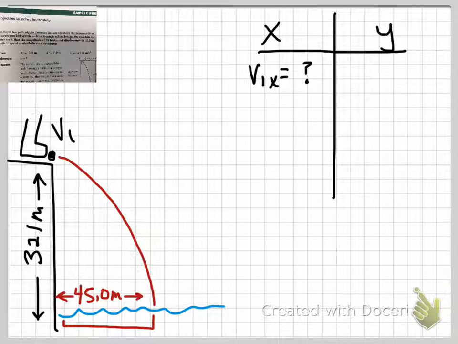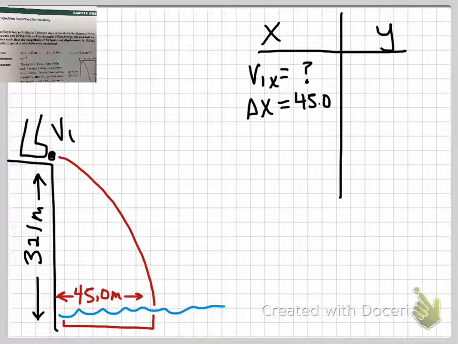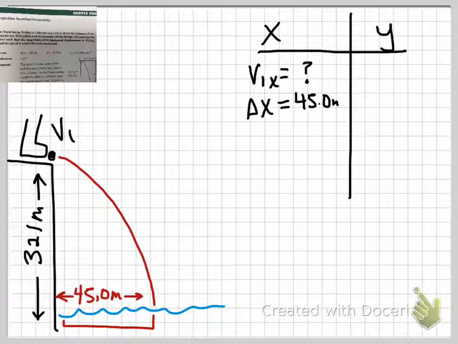I hear mutters of delta x. Yeah. We got delta x, and that is 45 meters in the positive direction. Move that over a little bit. Okay. Do I have any other?